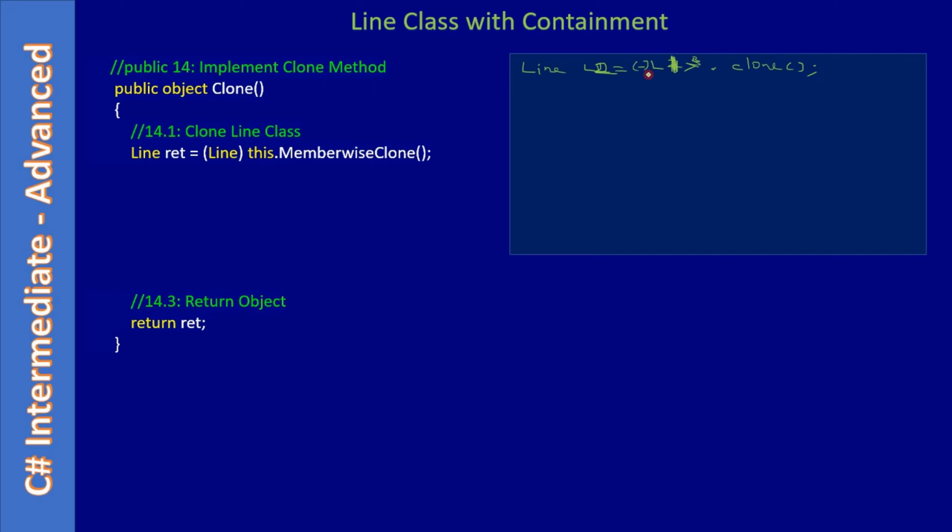So Line L2 equal to L1.Clone, and the returned value we are storing here in L2. That means let's say this is Line 1, which contains 2 points, PT1, PT2, and this one is Line 1, which is the source.